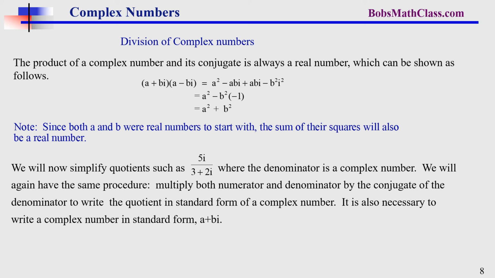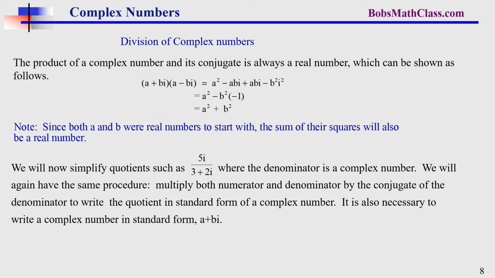That'll give us an end result of a squared plus b squared. Now, since a and b are real numbers, when you square them, it's still going to be a real number. And when you add them together, it's still going to be a real number. So this gets rid of the radical. It gets rid of the i.